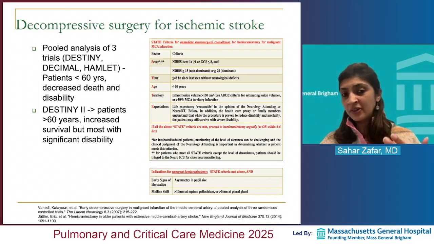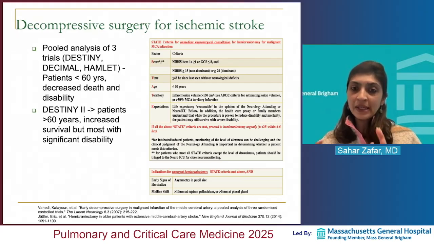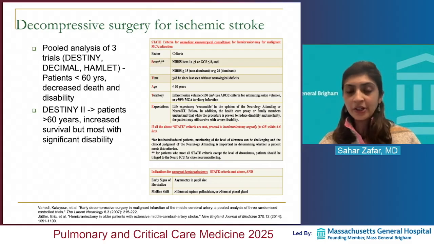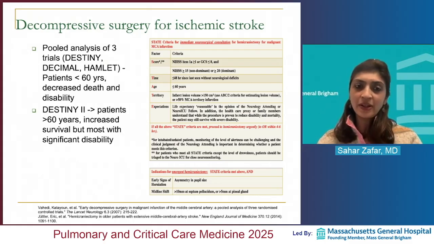It can result in survival, but not necessarily improve disability. It's a conversation that we often have with families. But typically when we're considering decompression, it's for younger adults less than 60 years, or now we're even extending that to less than 70 years, especially if they have a good premorbid state, that you can consider a decompression in these patients.